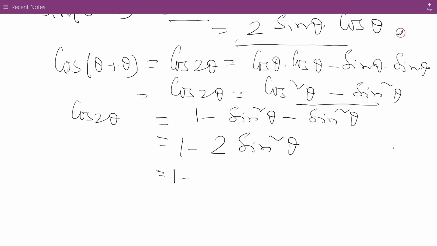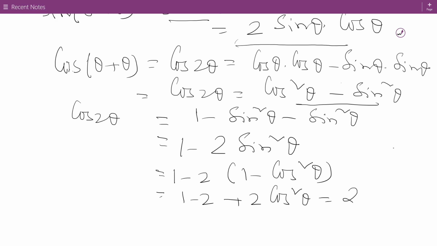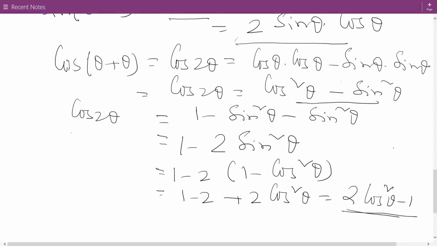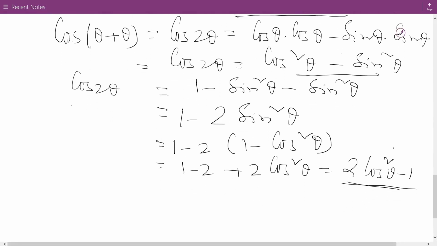You also write 1 minus 2 into 1 minus cos square theta, 1 minus 2 plus 2 cos square theta, 2 cos square theta minus 1. Just you follow up to this section.